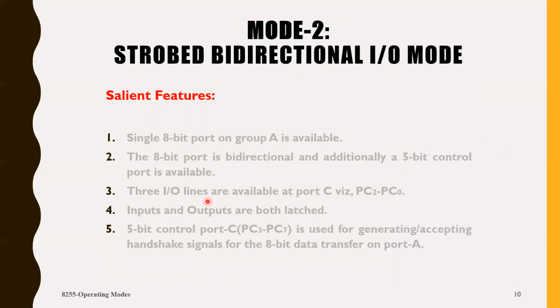The 3 I/O lines are also available at port C, that is PC0 to PC2. Here also the input and output ports both can be latched. The 5-bit control port, PC3 to PC7, can be used for generating and accepting the handshake signals for the 8-bit data transfer on port A.